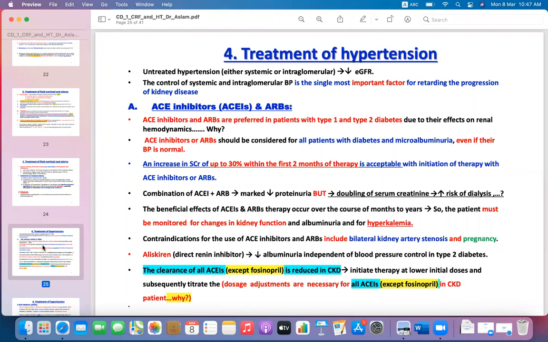Here, the recommended drugs are generally A, as we discussed in the therapeutics of hypertension: A for angiotensin converting enzyme inhibitors, A for angiotensin receptor blockers, and A for aliskiren. These three categories of drugs are most widely used and benefit significantly as compared to other drugs.